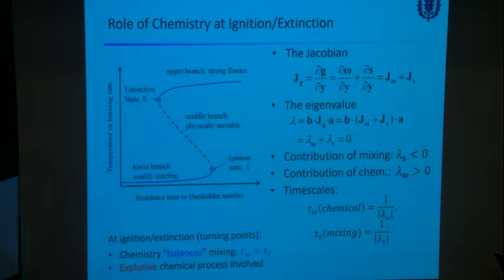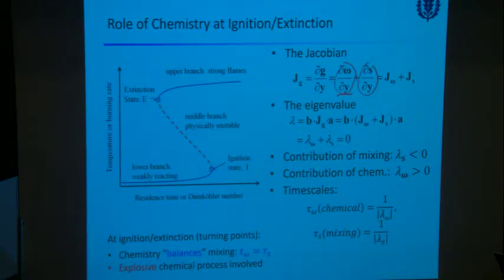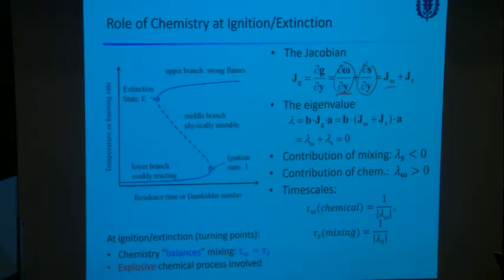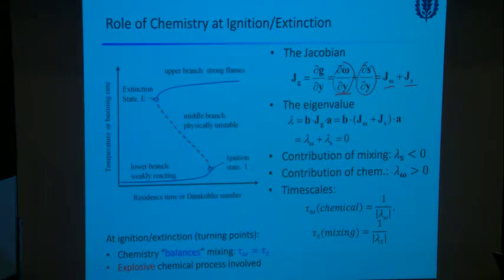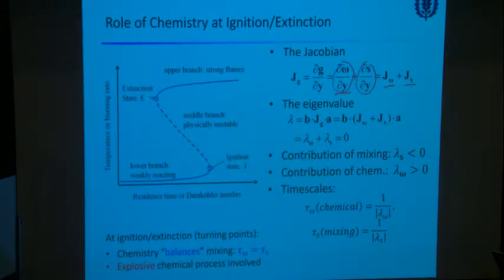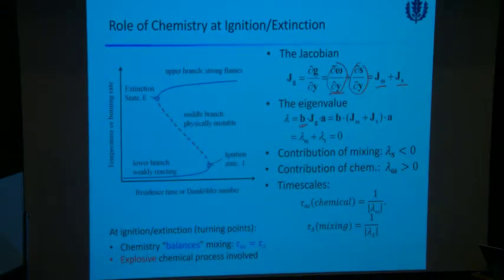So let's look at this. For the Jacobian, keep in mind you have a contribution from chemical reaction, right? So dT/dt is g, the source term including a chemical source term and a mixing term. So g is equal to omega plus S. Therefore, you can decompose the Jacobian into the contribution from the chemical source term and the contribution from the mixing term. We can call these the chemical Jacobian J omega and the mixing Jacobian JS. If you do the eigendecomposition, B is the left eigenvector and A is the right eigenvector.